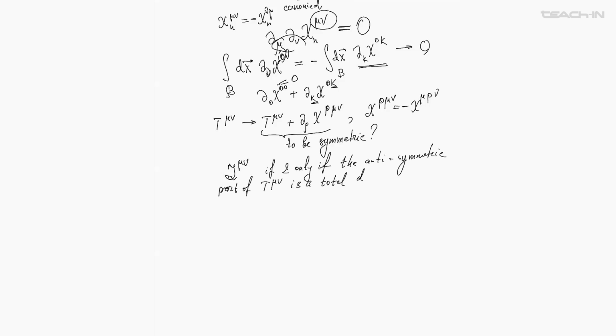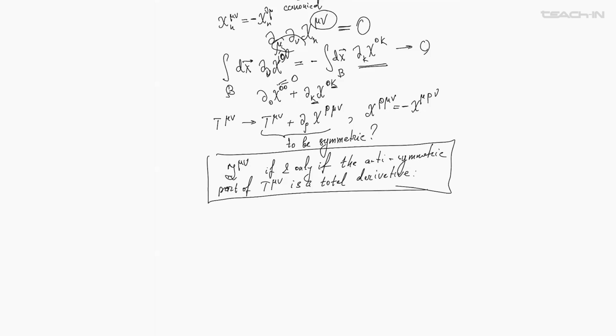Okay, so this is the answer to these questions. So there exists an improved tensor, which is symmetric, for an original tensor T^{μν}, if and only if the antisymmetric part of the canonical or original tensor T^{μν} is a total derivative.